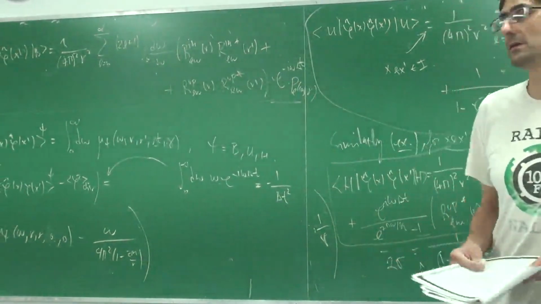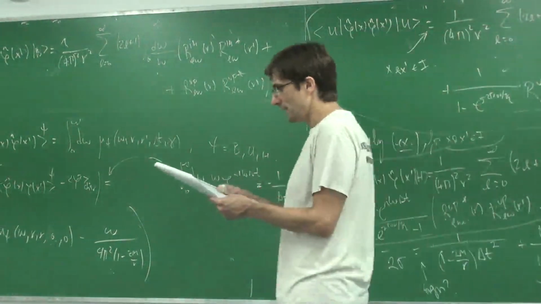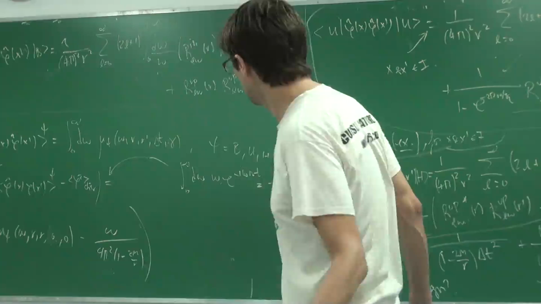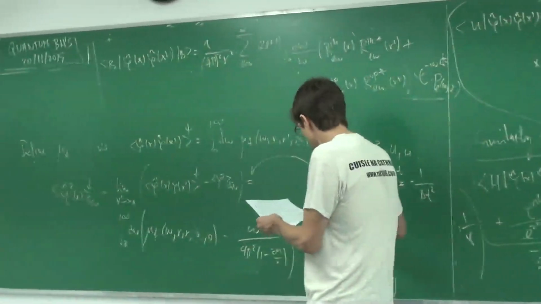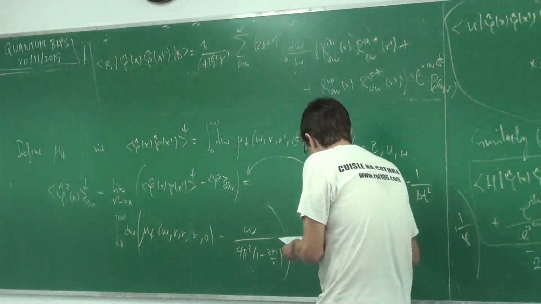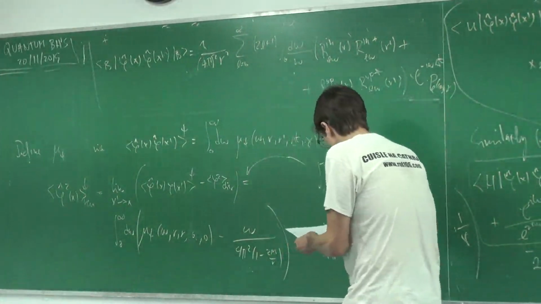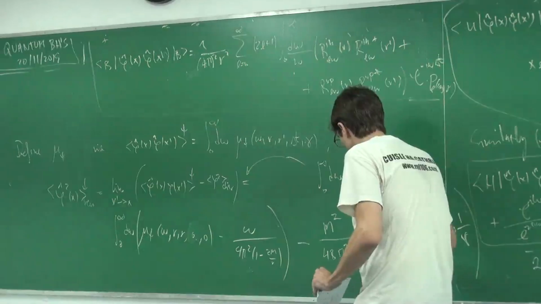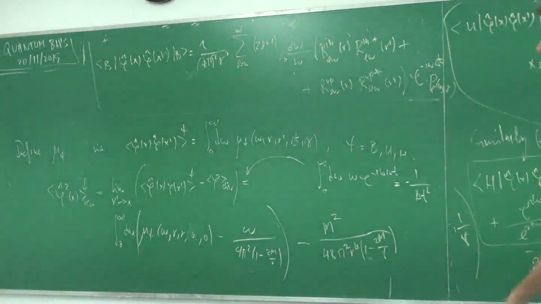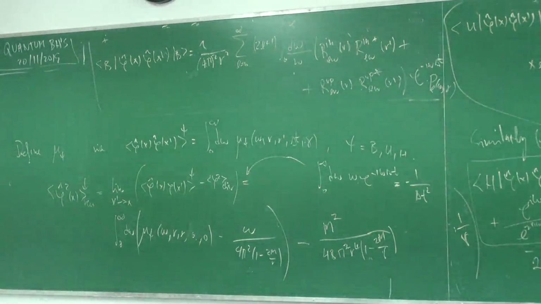And the finite part, yes, the finite term you have to include as well. So this is minus m squared over 48 pi squared r to the 4, 1 minus 24. Okay, so look at the expressions of the expected value.